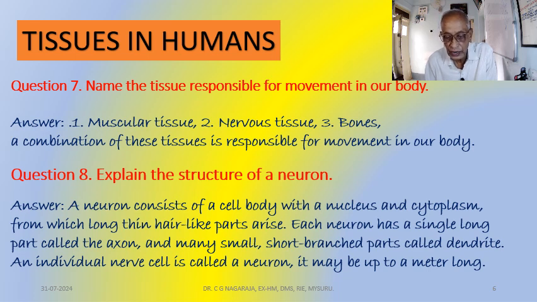An individual nerve cell is called neuron. It may be up to a meter long. So we will try to know how to draw a diagram of a neuron. That is one question normally asked in the examinations of class 9th. Draw a diagram of neuron and label the parts. We shall try to know that.